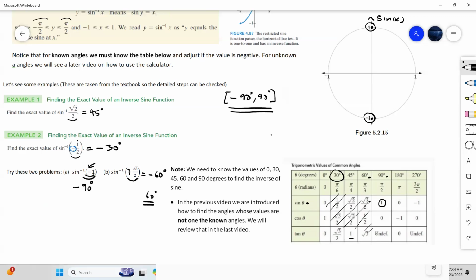And our answer for the angle is going to be bounded by these two values. For the known values, we have to know the table. For unknown values, like this, for example, we have to use the calculator. Okay, as we've seen before, and I'm going to show you in the last video. So this is the sine inverse function.